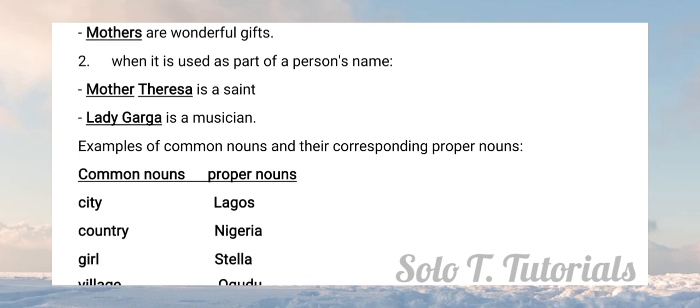Example two, Lady Gaga is a musician. If you look at lady, lady is a common noun, but because it is attached to Gaga, it has become a proper noun. Now, let's look at some of the examples of common noun.